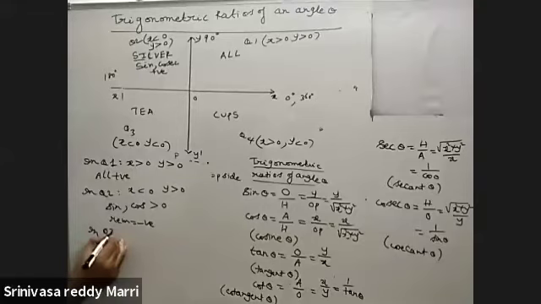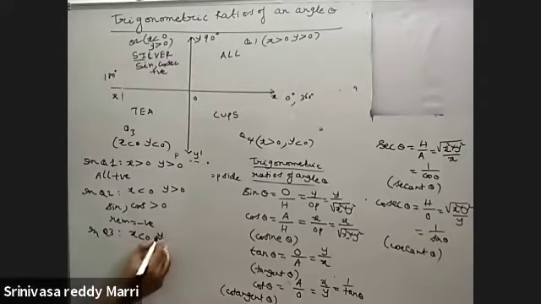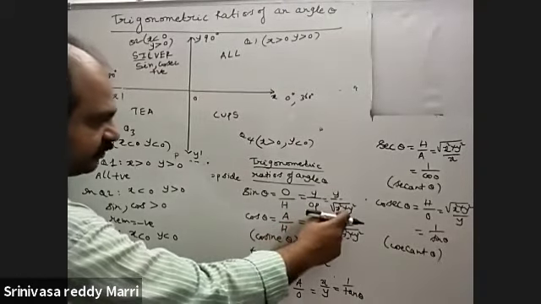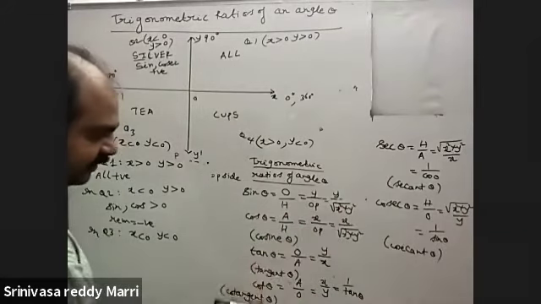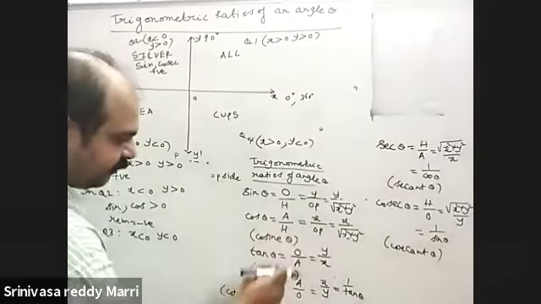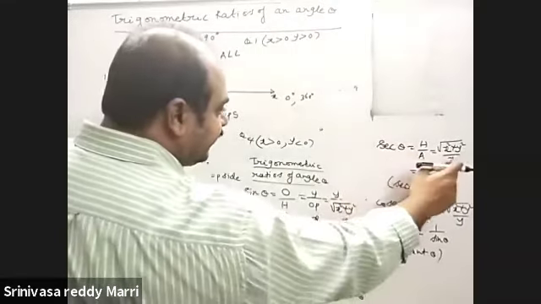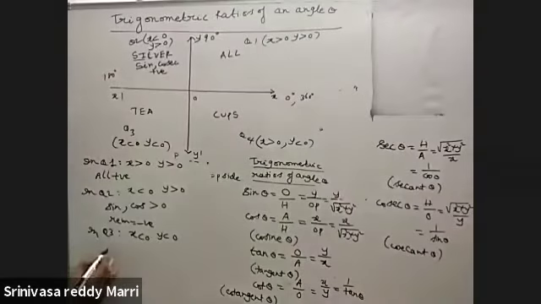So in quadrant 3, if angle theta is there in third quadrant, that means x less than 0, y less than 0. Sine theta negative, cos theta negative, tan theta negative by negative, positive, cot theta negative by negative, positive, secant theta negative, cosecant theta negative.